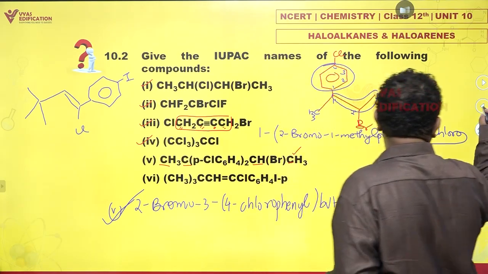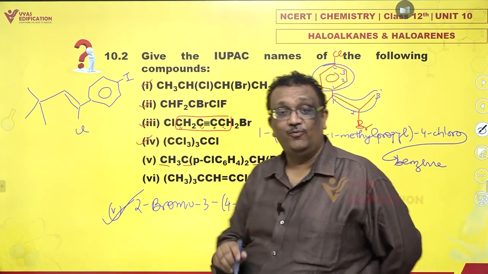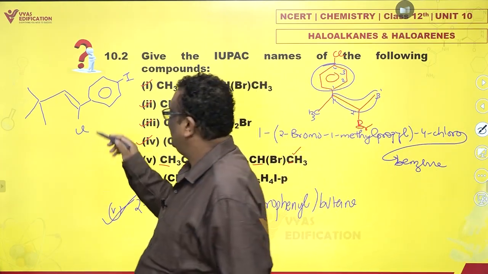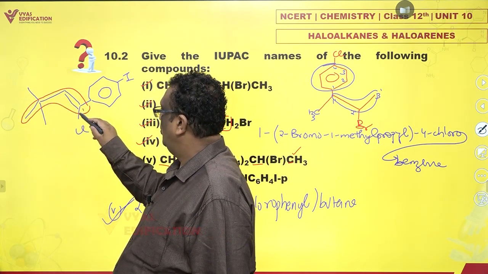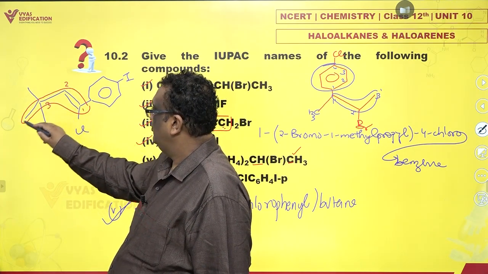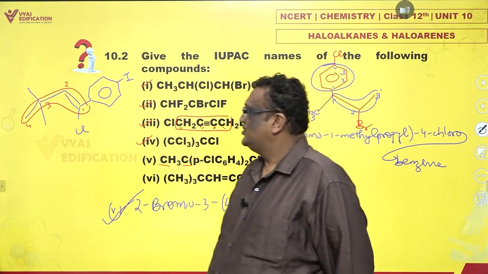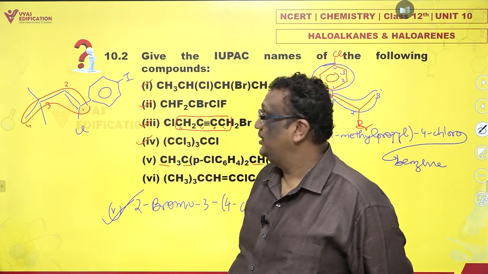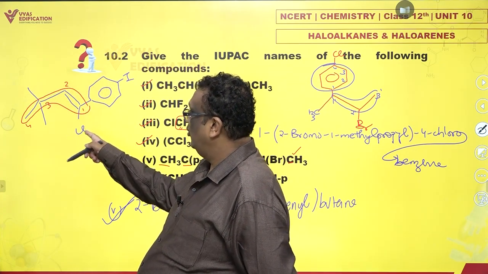Let's see, how do we name this? First of all, you have to choose the parent chain. And the parent chain is apparently this one. 1, 2, 3, 4. That's it. This is butene. Yes, it's butene. So I have 1 chloro.